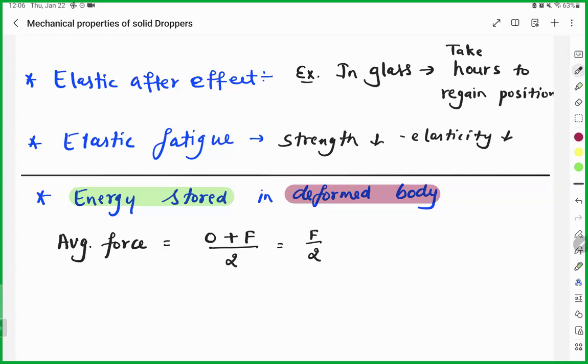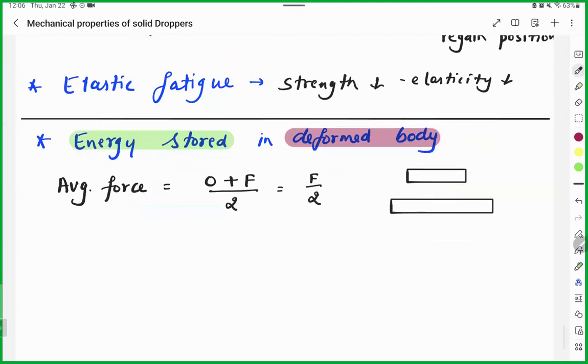Here, when you deform, for example, this was the original length of any rod. When you deform it, it will stretch out. What is happening? You are increasing length. And whenever there is energy because of the configuration change in the position, it will be the potential energy. So your potential energy is equal to how much work you are doing.